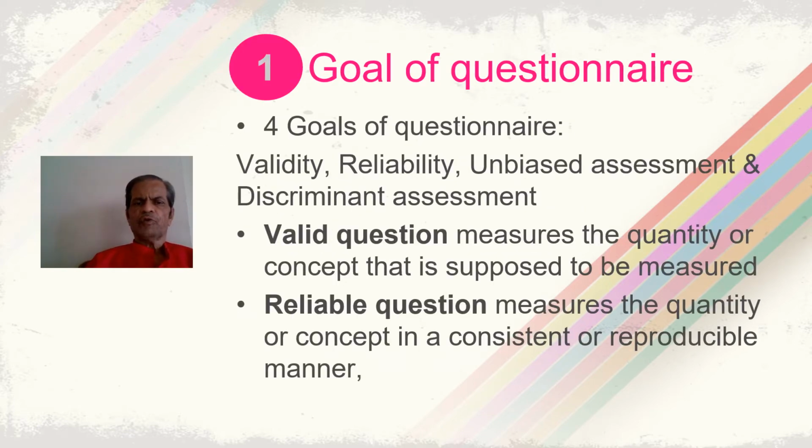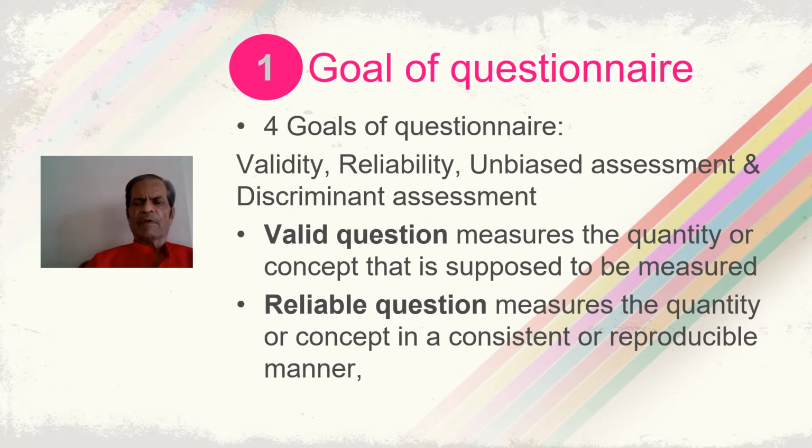There are 4 goals of the questionnaire: validity, reliability, unbiased assessment, and discriminant assessment. A valid question measures the quantity or the concept that is supposed to be measured. So if the knowledge of the person is supposed to be measured with the question, it should measure the knowledge of the person and nothing else.